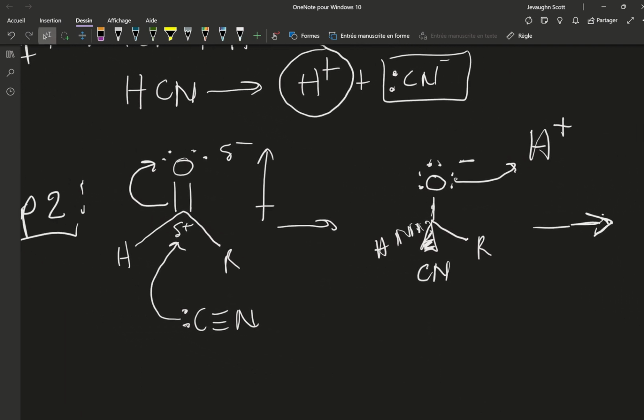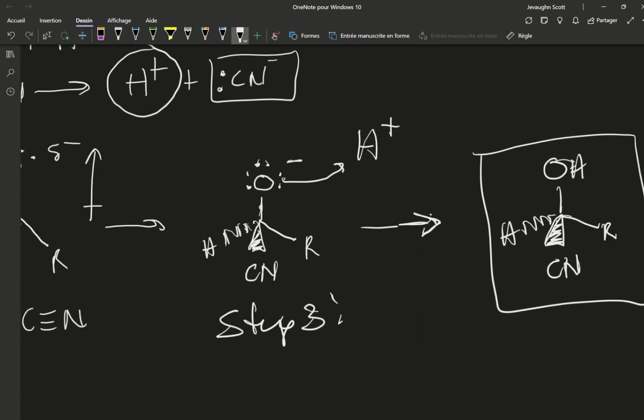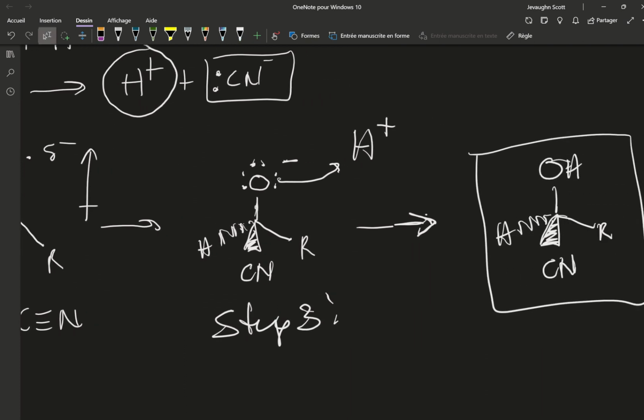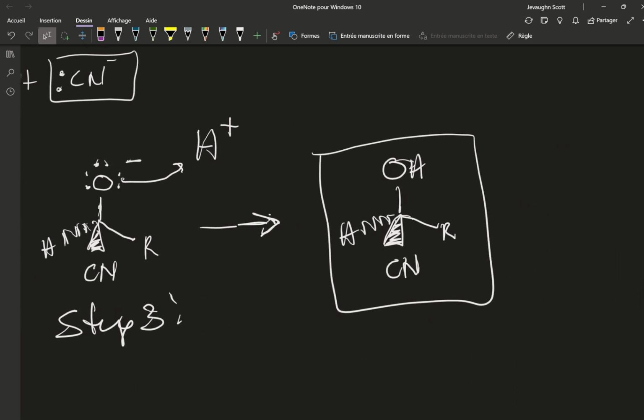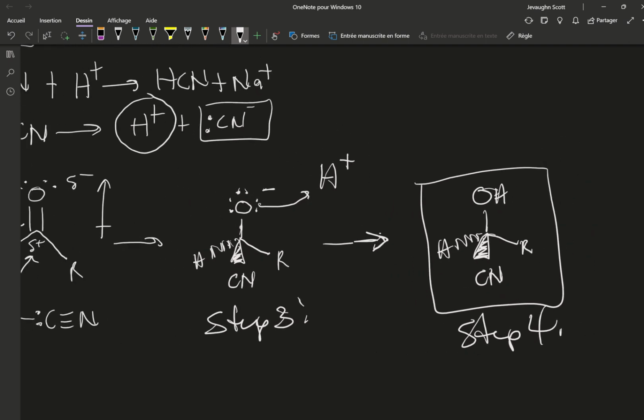Step 3 is really about showing the breakage of the bond and the formation of the negative charge concentration on the oxygen, as well as the relationship between the oxygen on the molecule and the aqueous protons. So there will be some amount of electrophilic attack. And then step 4 is just looking at our final product. So that's really how it works. That's really the nucleophilic addition.